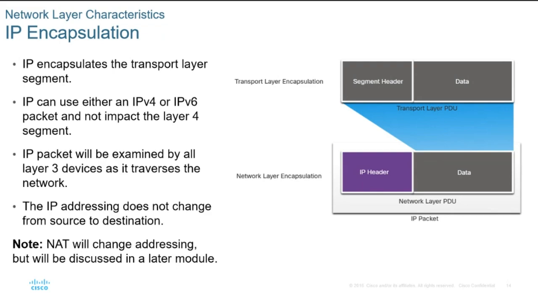An IP packet will be examined by all layer 3 devices as it traverses the network, and the IP addresses do not change from the source to destination. NAT will change addressing, but will be discussed in the later modules. I mean, about the NAT.